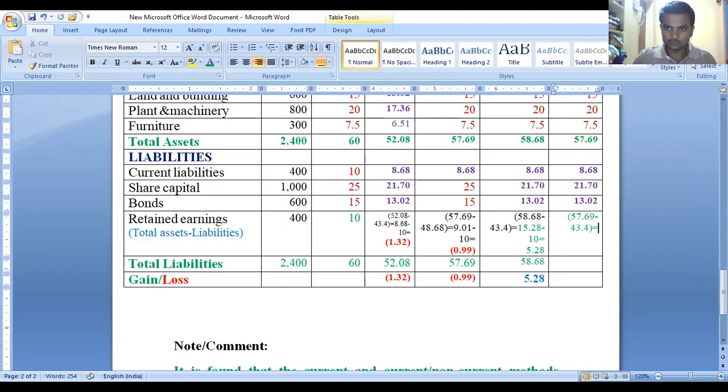So we would get the difference as 14.29.